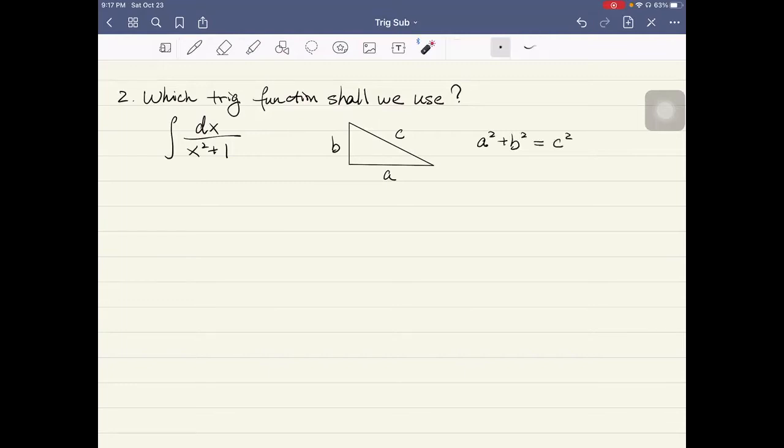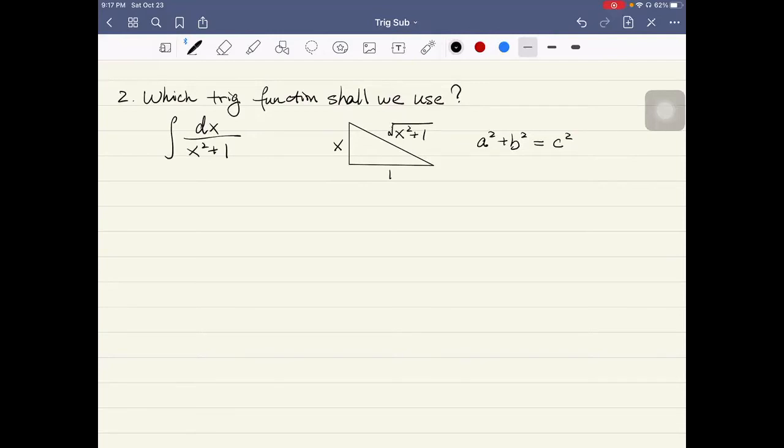The goal here is to bake x squared plus 1 into this right triangle. You can probably see that if I make the 2 sides to be x and 1, then the hypotenuse will just be square root of x squared plus 1. And then obviously x squared plus 1 is just the square of the square root of x squared plus 1.